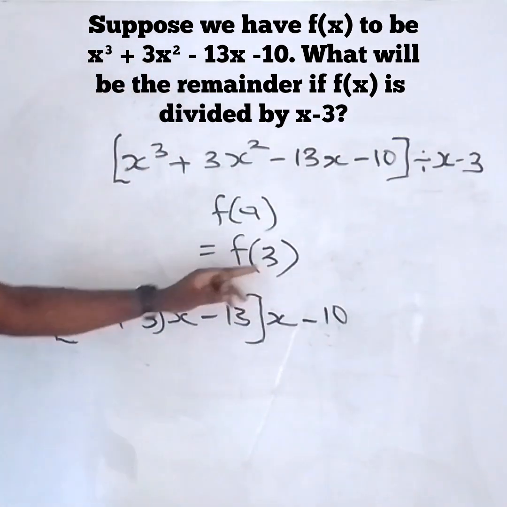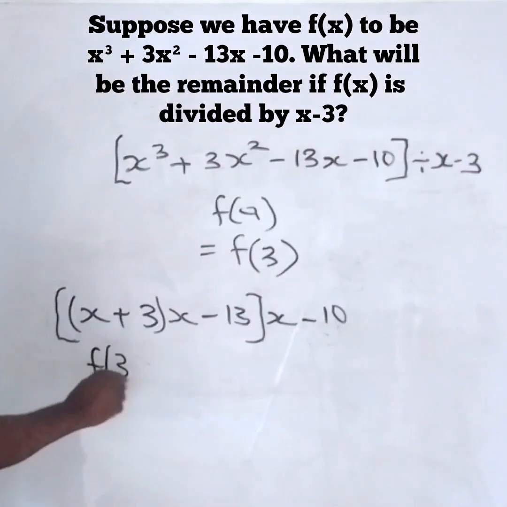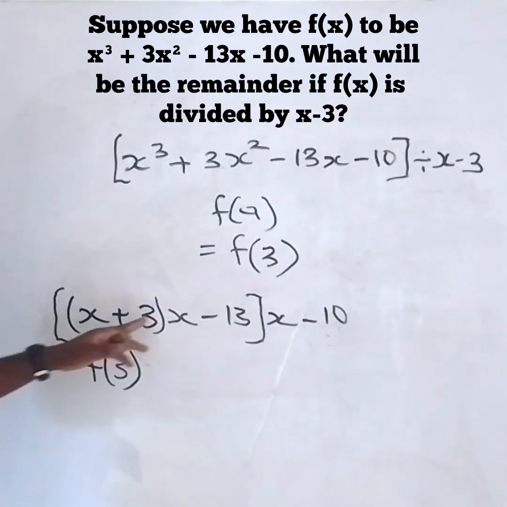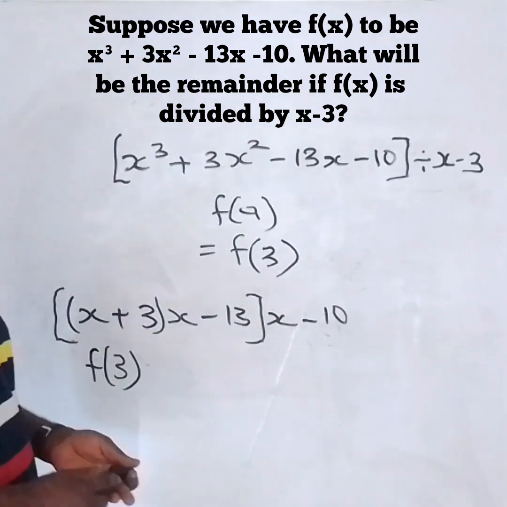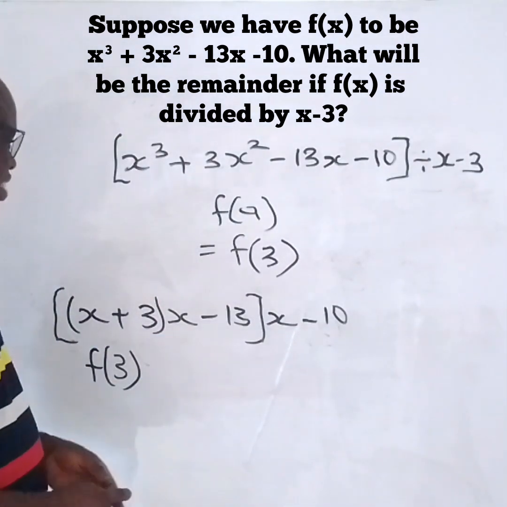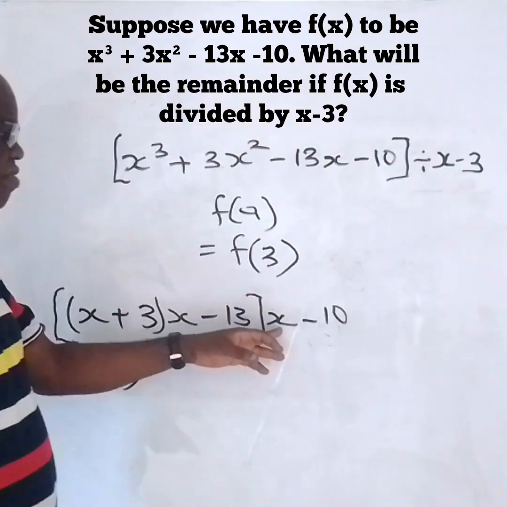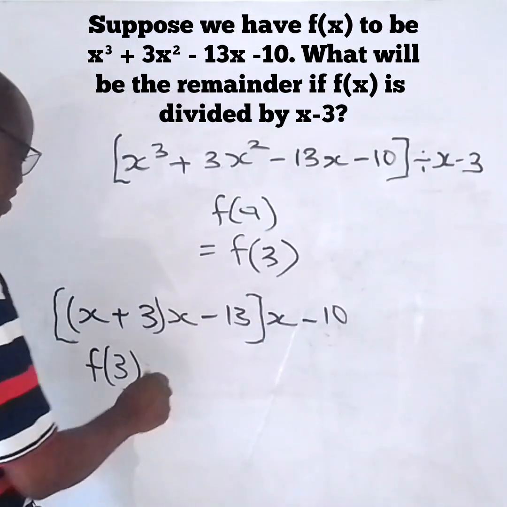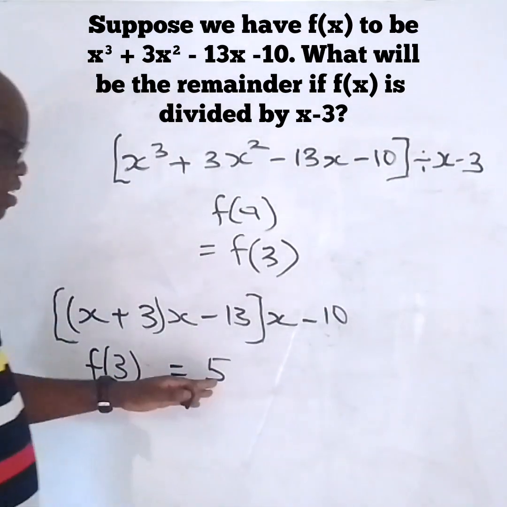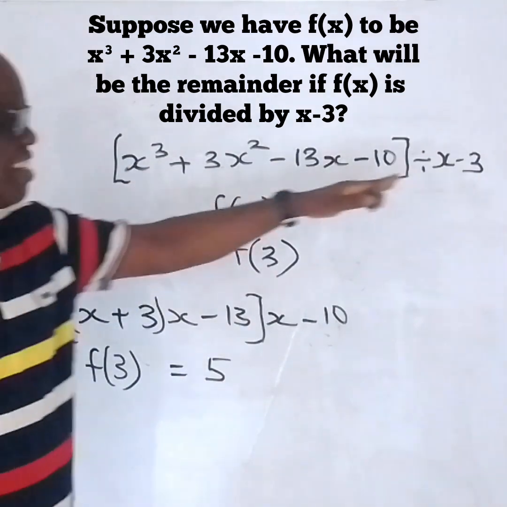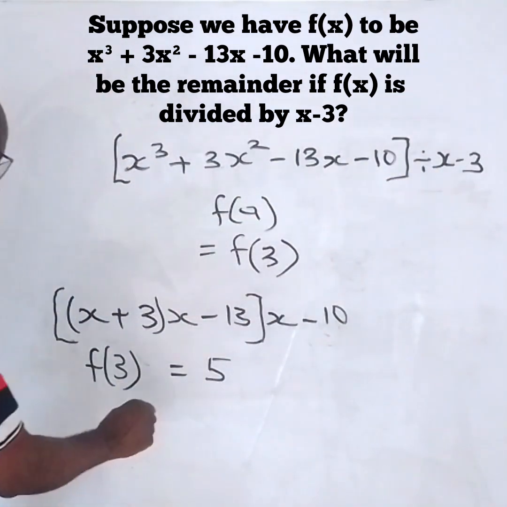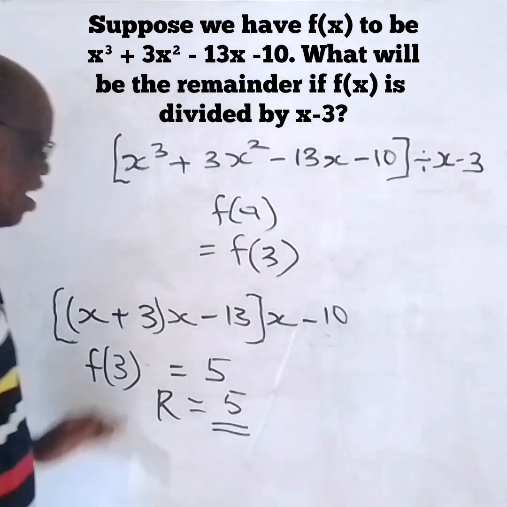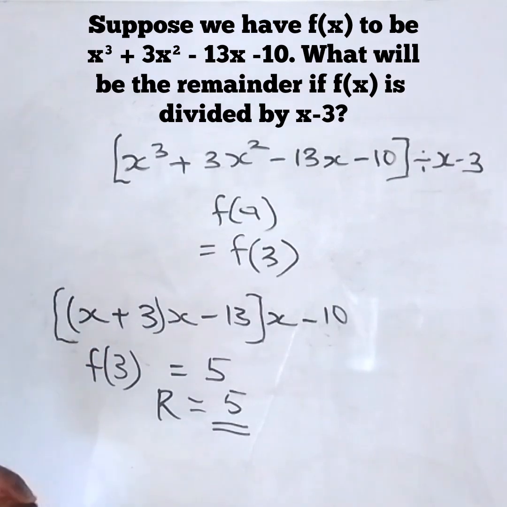Then you now put this 3, f of 3. So this is 3 plus 3, 6. 6 times 3, 18. 18 minus 13, that is 5. 5 times 3, 15. 15 minus 10, and that is 5. So the remainder, if you divide this one by this one, is 5. So your r equals 5. As simple as ABC.